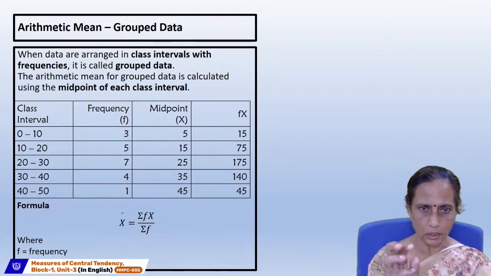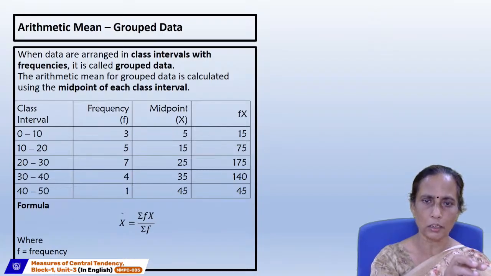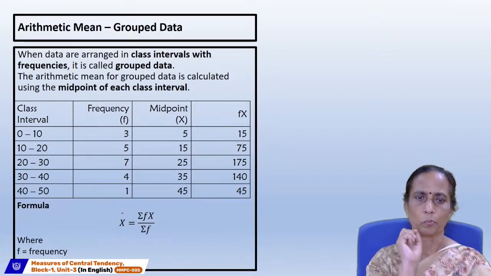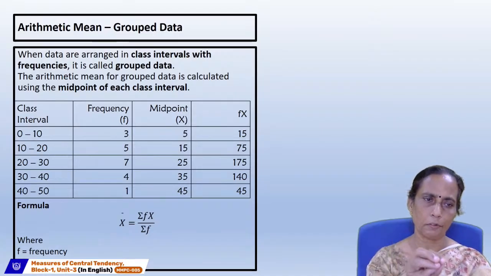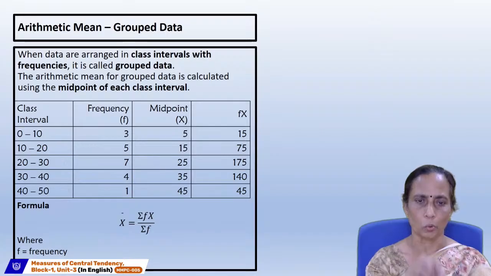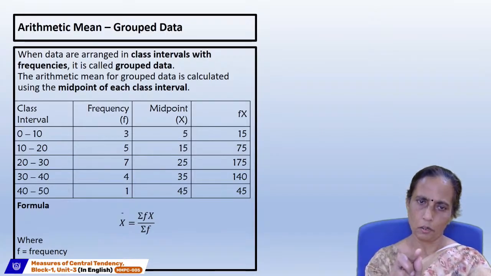The upper class limit plus the lower class limit divided by 2. The midpoint of the first class interval is the upper class limit, that is 10, plus the lower class limit, that is 0, divided by 2. 10 plus 0 is 10, by 2 is 5.